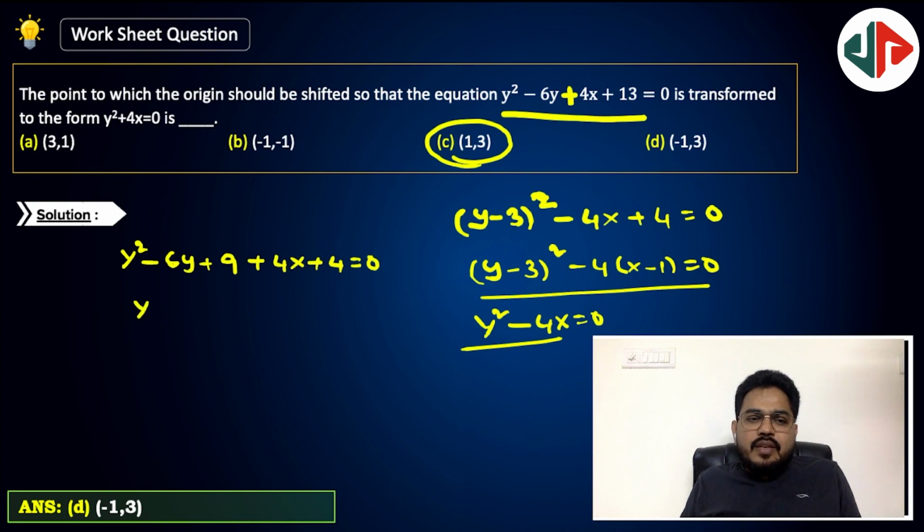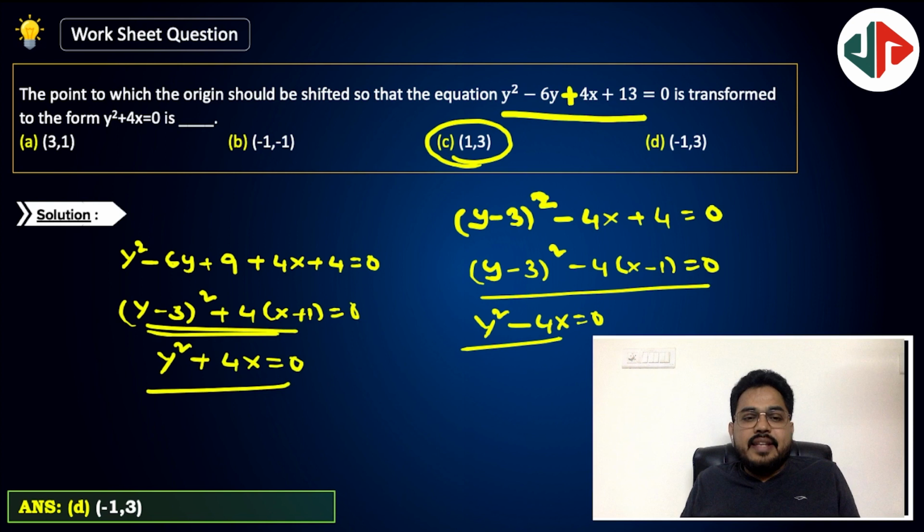So this is y minus 3 whole square plus 4 times of x plus 1 is equal to 0. So this is y square plus 4x is equal to 0. So the answer for this one is minus 1 comma 3. So what is the correction here? This is the plus sign.